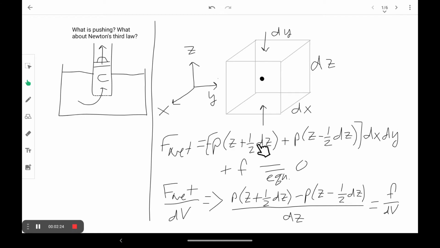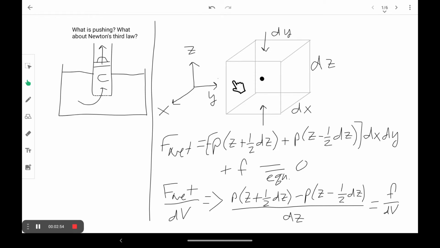Okay, so to start, let's have a system. Here is a cube of fluid, somewhere inside this volume. I've designated a very small cube. That dot in the center represents the center of this cube, and we'll say it's at some height z. This top surface has a height z plus delta z, and there's a pressure pushing down on that.